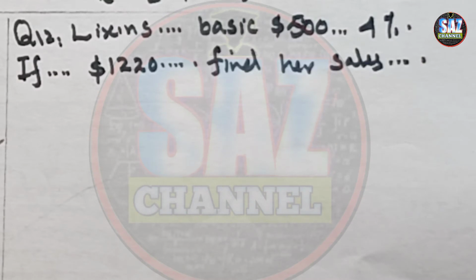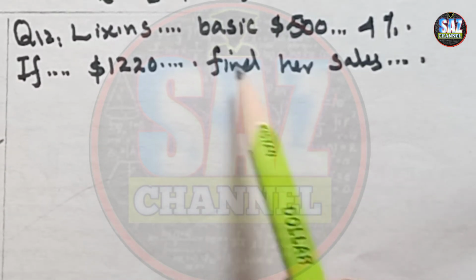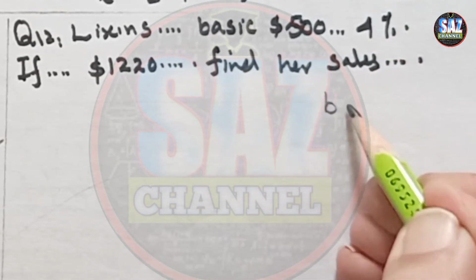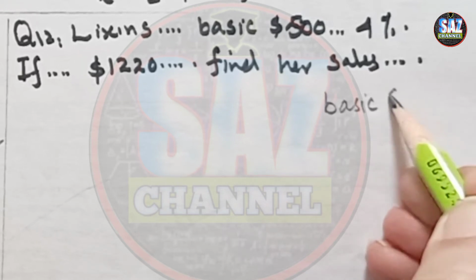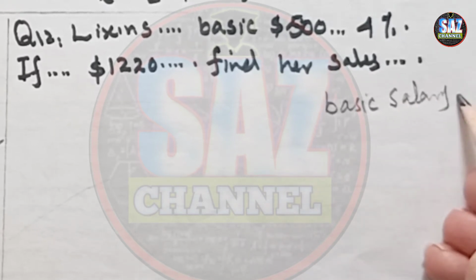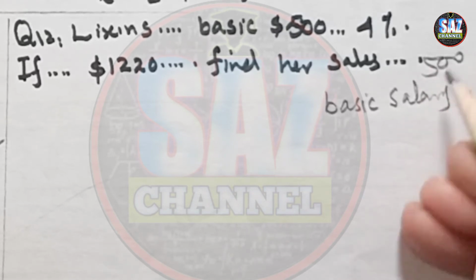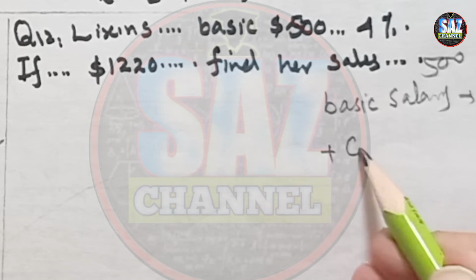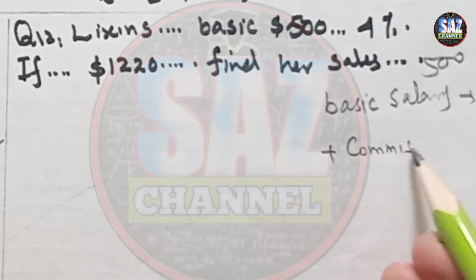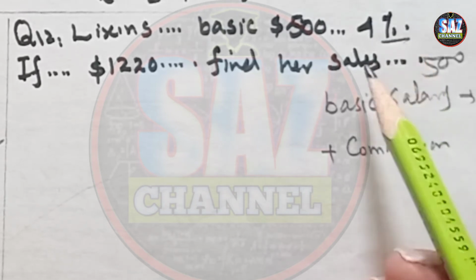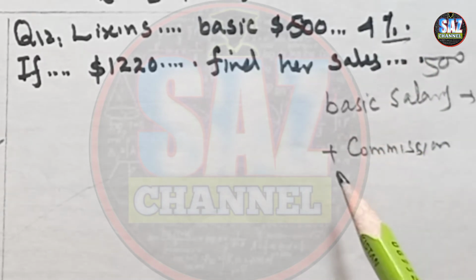The next question says that Lixin's monthly income consists of a basic salary of 500 plus a commission of 4% on her sales for that month.